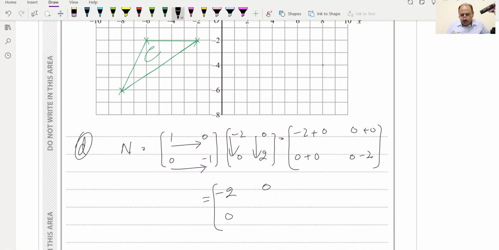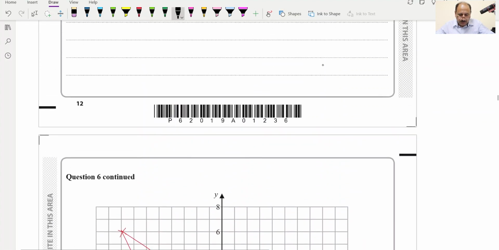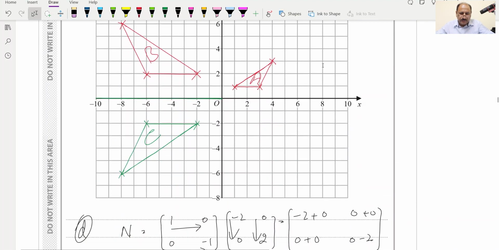So this will be the matrix, because by -2 we can shift this one A onto C.